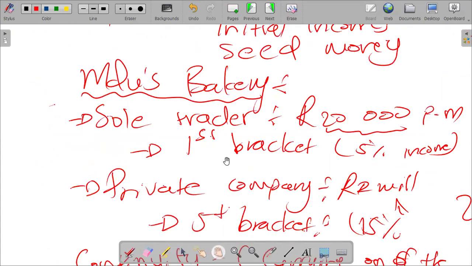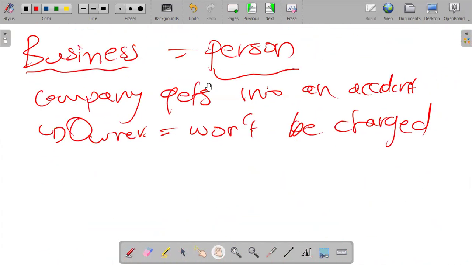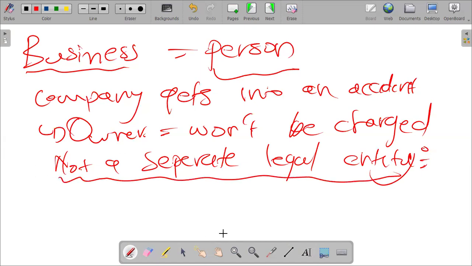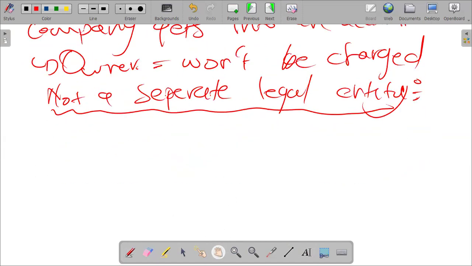But if it's not a separate legal entity, it means that whatever charges from the business will be put onto the owner.